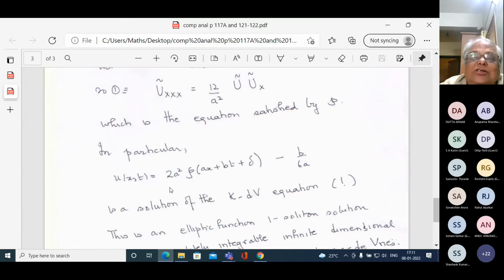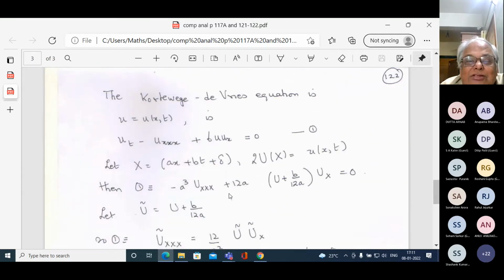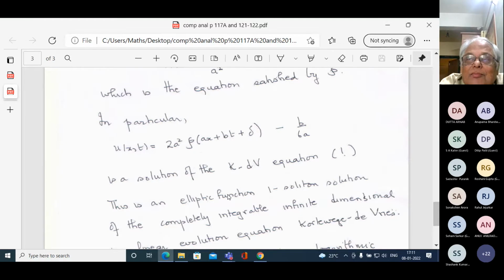And the Weierstrass's P function, as I've just said earlier, has to do with the second logarithmic derivative of the theta function. Therefore, I will get that some solutions of the KdV equation actually can be expressed as the second logarithmic derivative of the theta function.